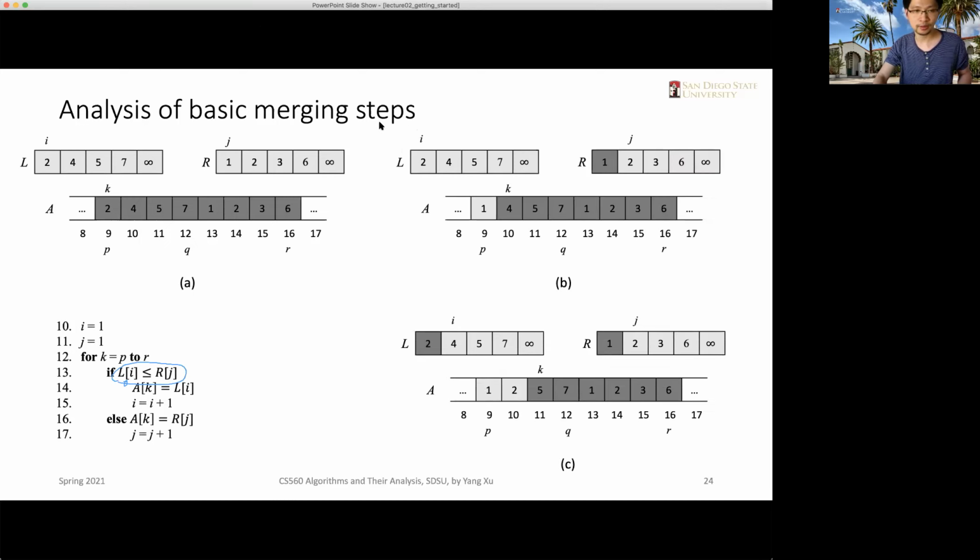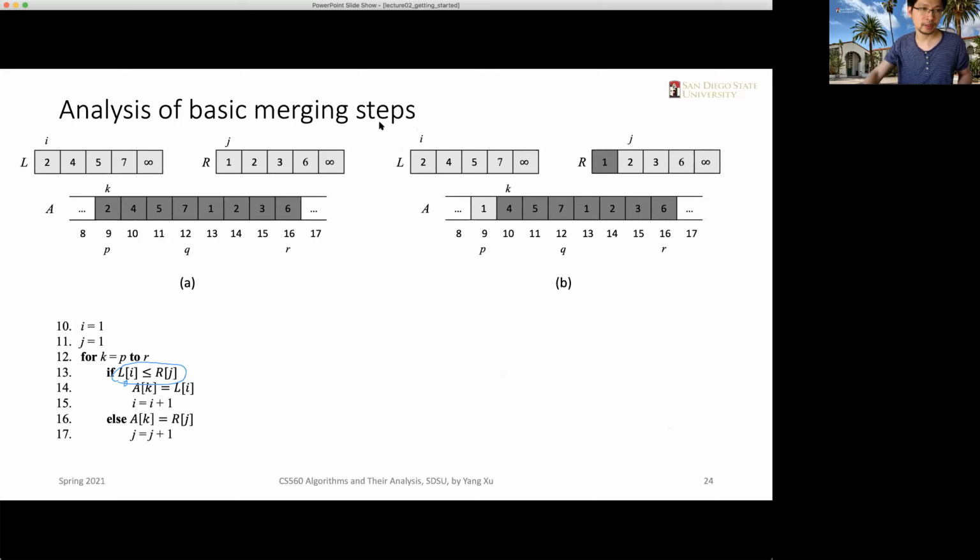Okay, so from A to B, if we make the comparison using the example inputs, we'll see that the first two elements being compared are the number 2 here and the number 1 here. And since the number 1 is smaller, the 1 will be copied to AK, which is here, okay? And then J is incremented.